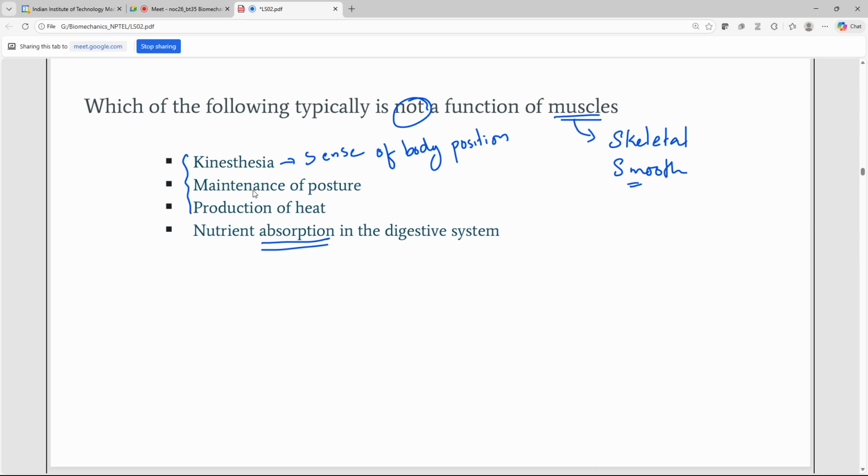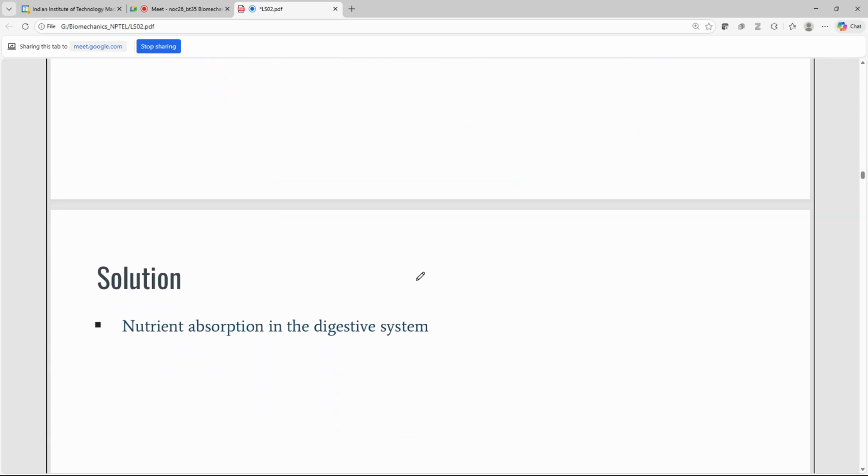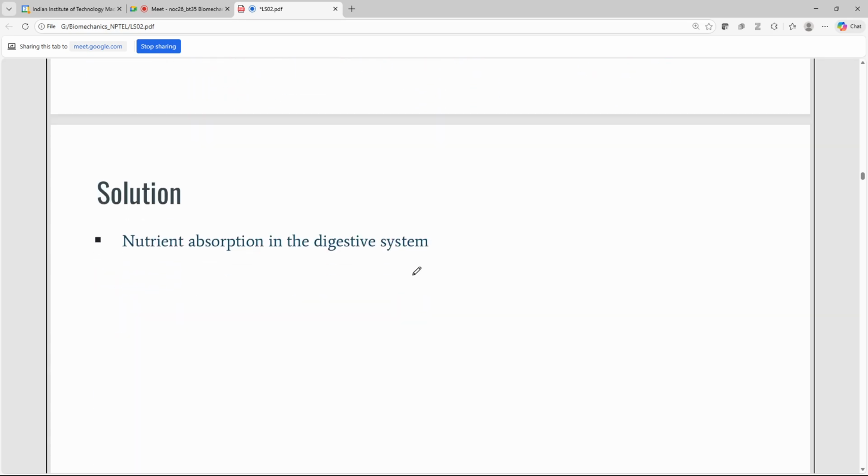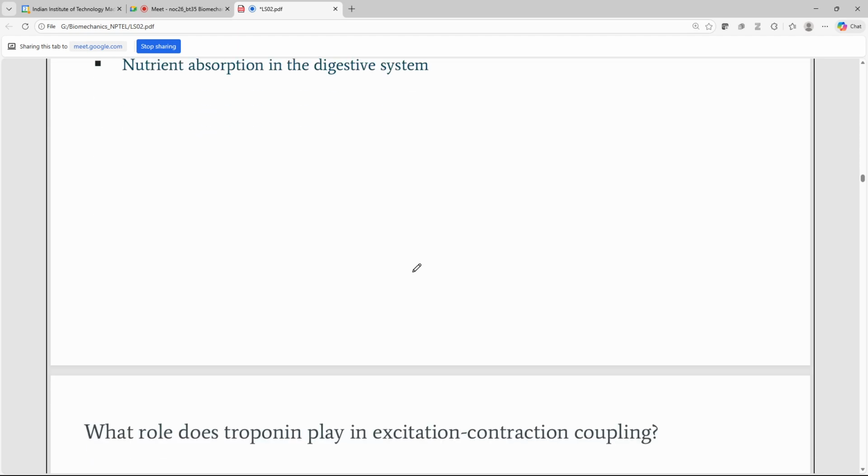And also production of heat: the movements of muscles create heat, which is visible when you are actively moving the body, as in exercising. So the first three options are functions of muscle, whereas nutrient absorption is not. The right answer is the last one, nutrient absorption in the digestive system.